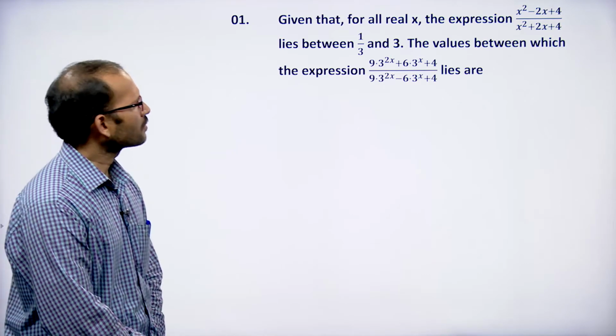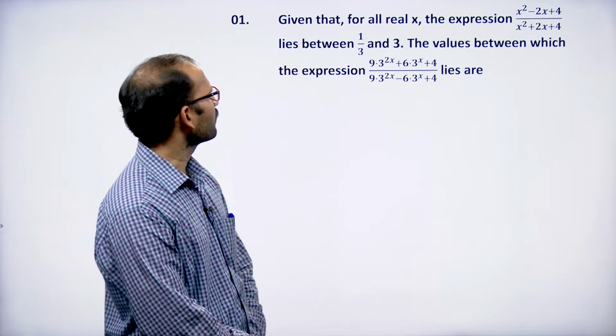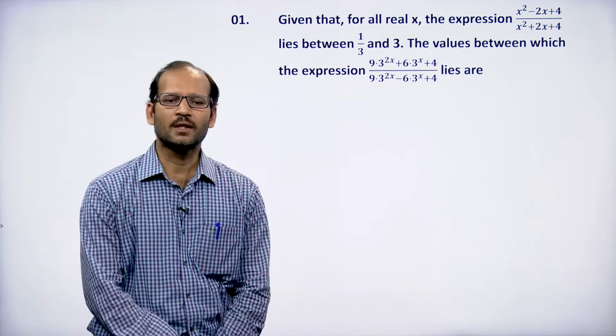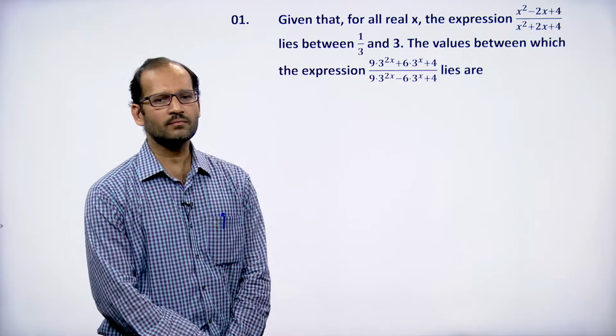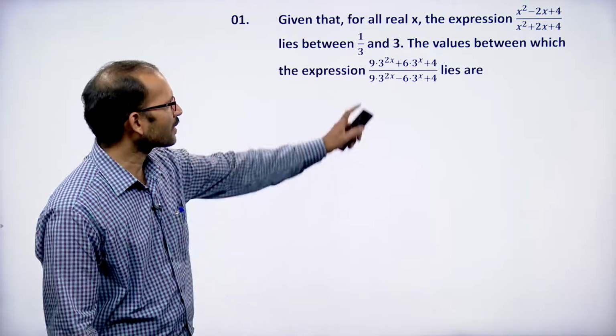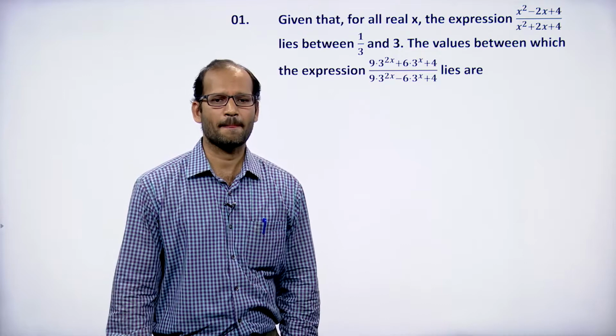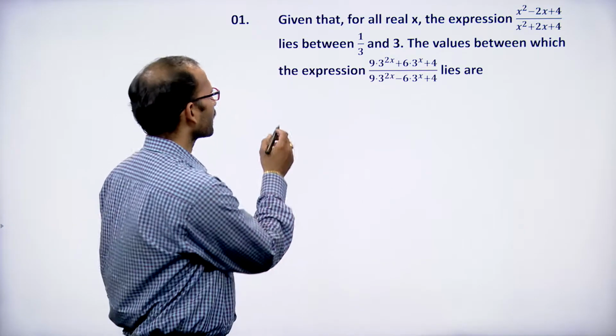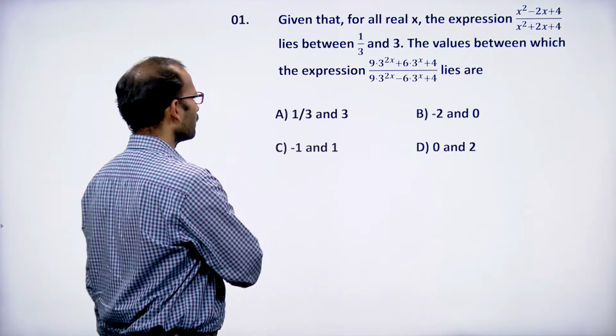Given that for all real x, the expression lies between 1 by 3 and 3, the values between which the expression lies are. See, whenever you have a rational expression like this, we have a technique to solve.